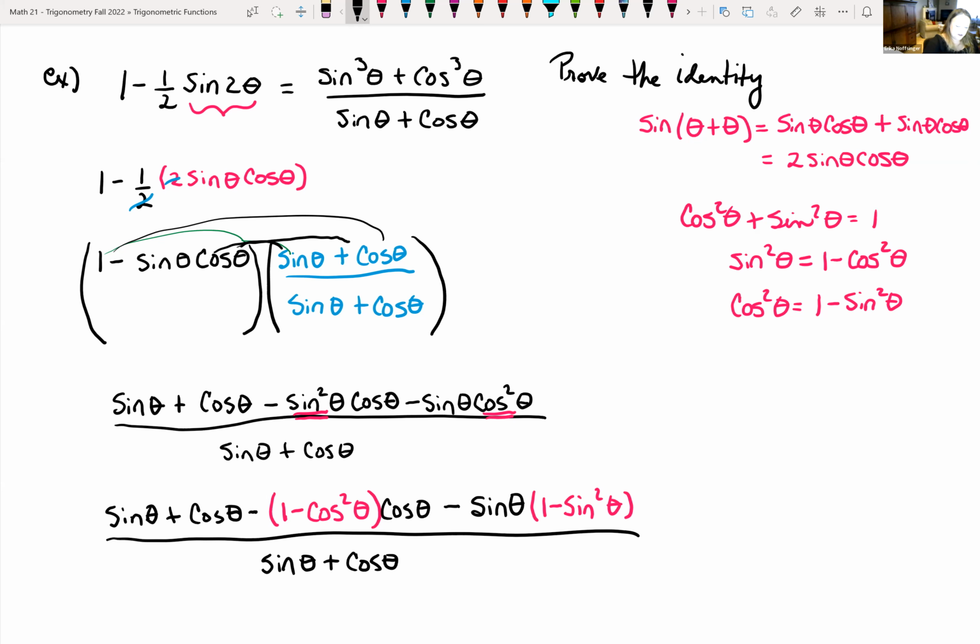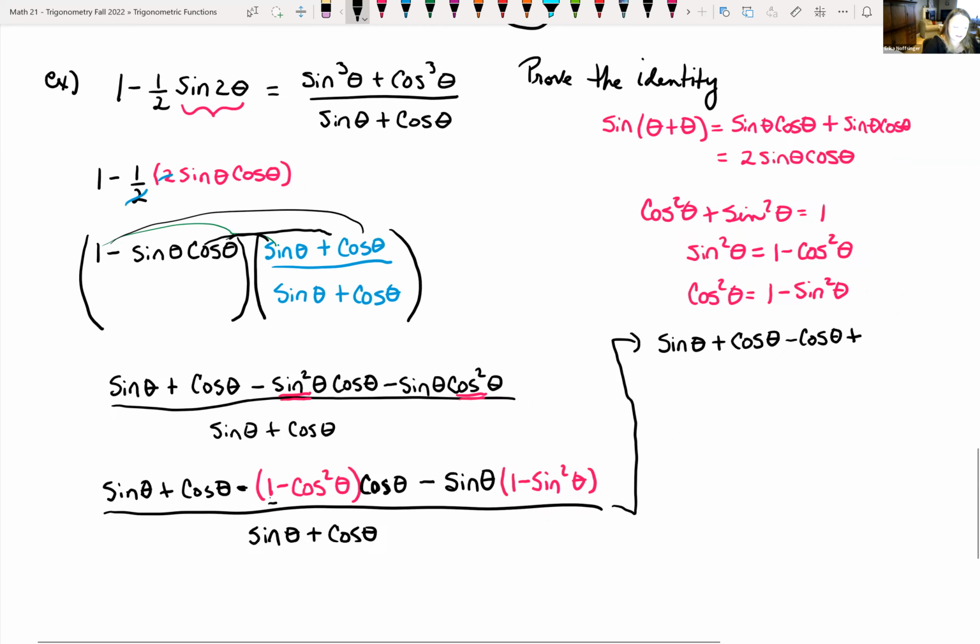So let's distribute. Before we do that, let's bring over our sine theta plus cosine theta. I'm going to distribute negative cosine theta, carrying the negative with me. So a negative cosine theta times this 1 here is minus cosine theta. Negative cosine theta times negative cosine squared theta, negative times negative is positive, so plus cosine cubed theta.